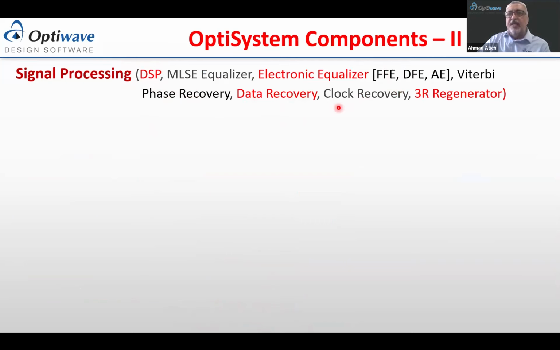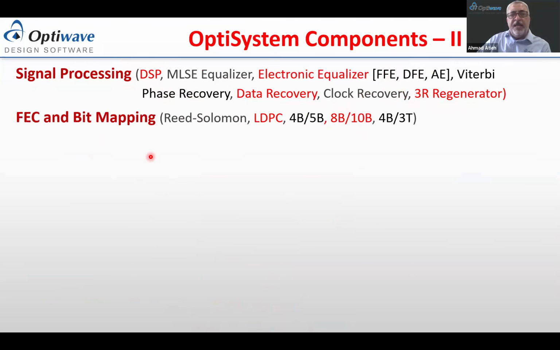There are different types of regeneration, single R, dual R, or 3R regenerators, bit mapping and forward error correction. We support Reed-Solomon codes, forward error correction, or low density parity check. There are different types of mapping which can be used for coding applications.